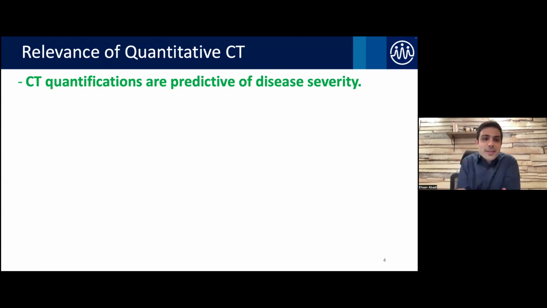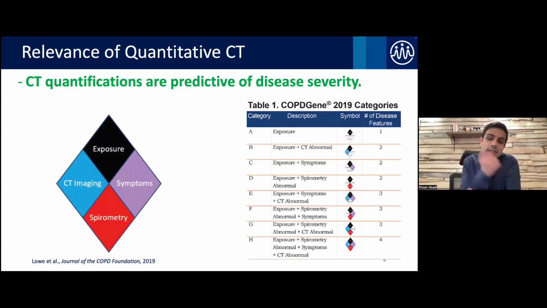So let me start with the relevance of quantitative CT. You probably know CT quantifications have been used and are predictive of disease severity. Let me give you one example.